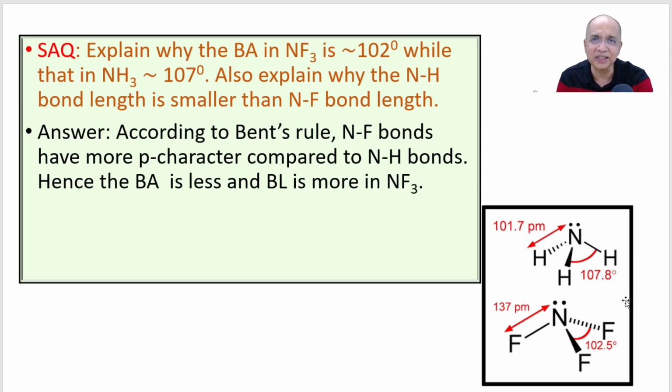Of course S character is 25%, but a little more, maybe 30-70. But here it will be 20-80, 80% p character. So the more the p character, the less the S character, the less the repulsion between these bonds, and the less the angle. So that can explain why NF3 has a smaller bond angle than ammonia.